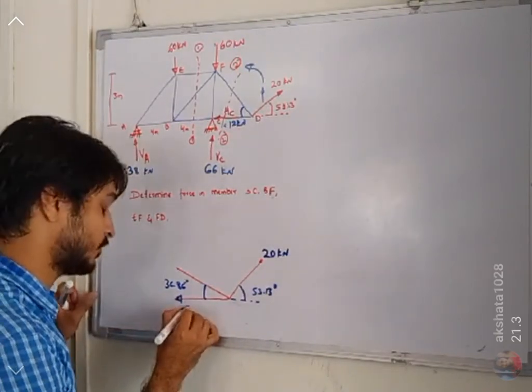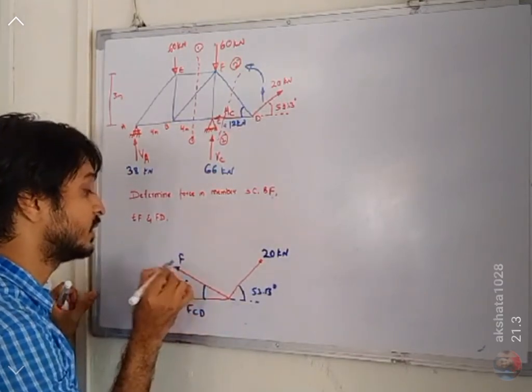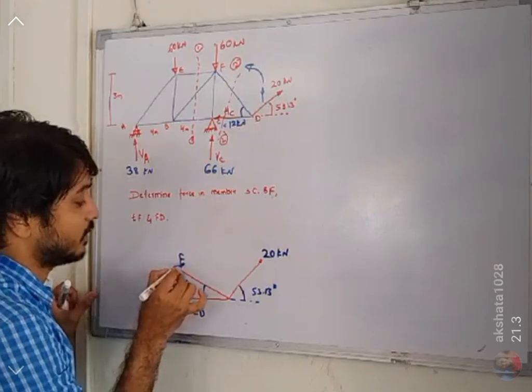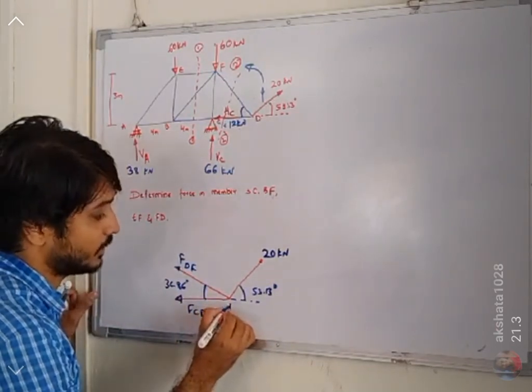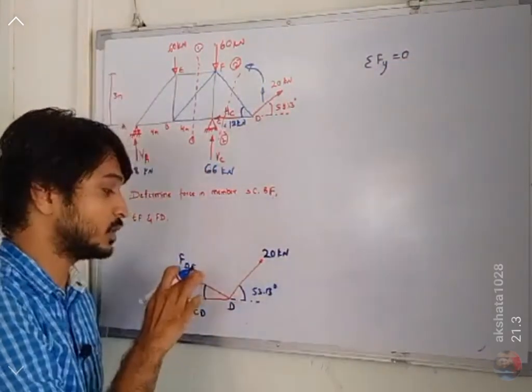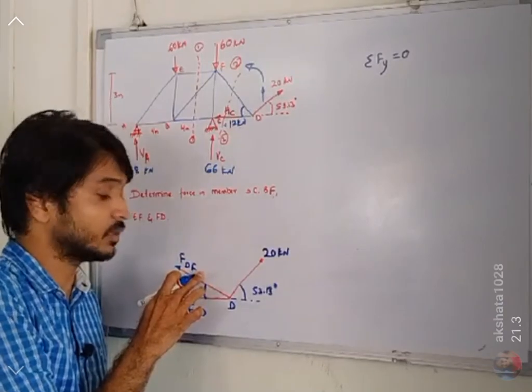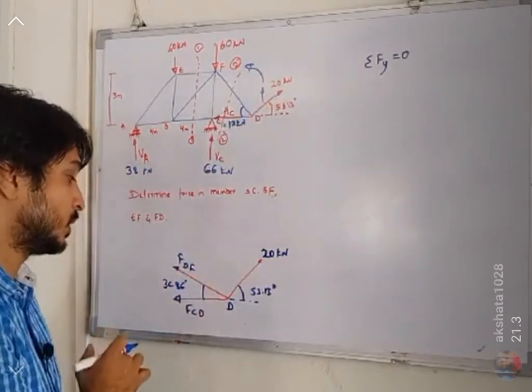Let me consider it as tension. That is FCD, and again let me consider it as tension, and this is FDF. This is point D. If I take summation of Fy here, this is the only member creating a vertical force, right? So I'll take summation of Fy equals to 0. Then what I get?